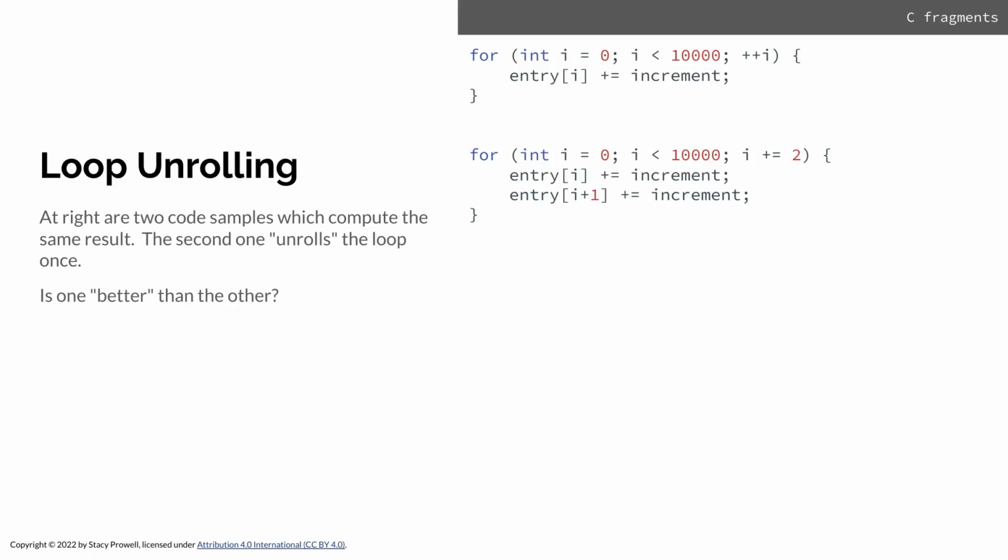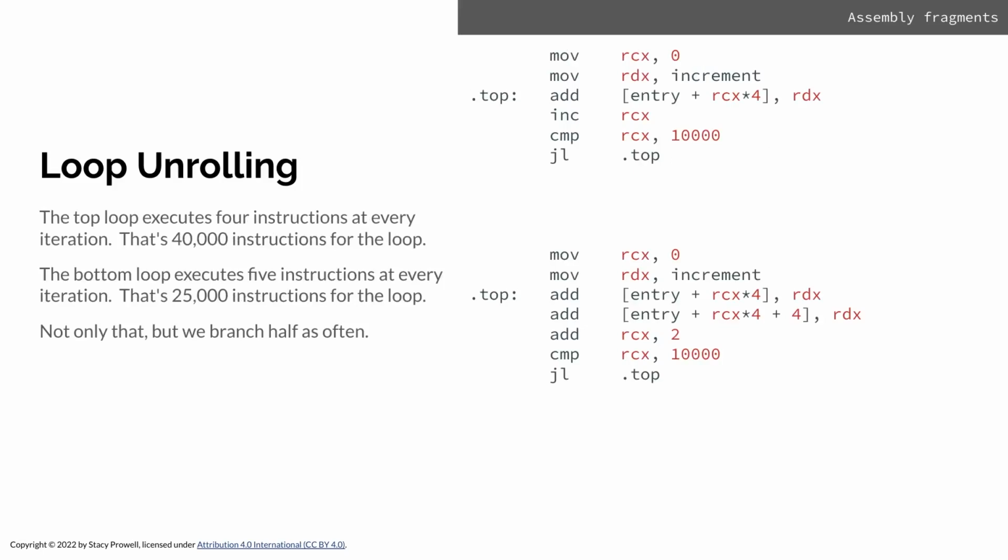I mean, if you just look at the sequence of increments, we have the same number of adds happening, the same number of increments happening. It's pretty much the same thing, right? Well, let's go ahead and compile them. And when we compile them, we wind up with code that looks like what you see here. The top loop is going to execute 4 instructions every time it passes through the loop.